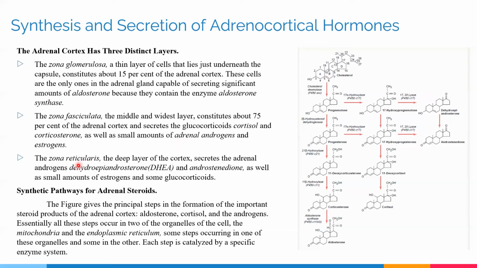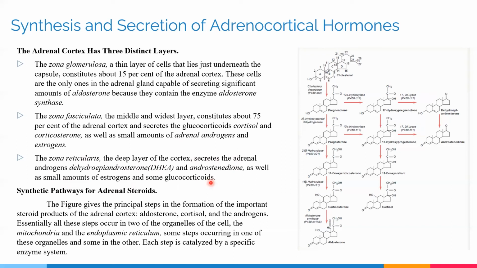Next is the zona reticularis, which is a deep layer of the cortex and secretes the adrenal androgens, DHEA and androstenedione, as well as small amounts of estrogens and glucocorticoids.